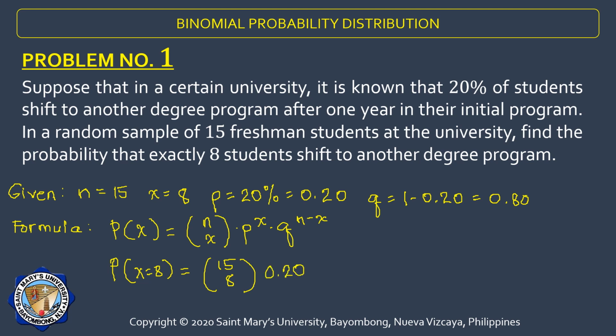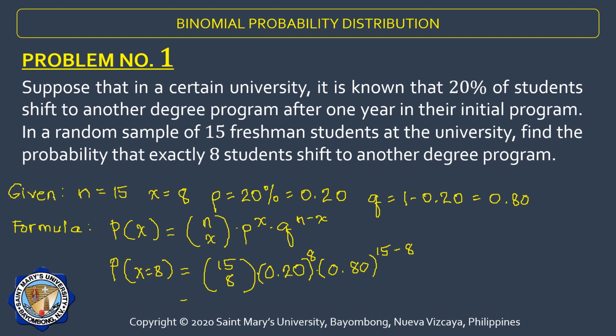times p raised to x, which is 8, times 0.80 raised to 15 minus 8.